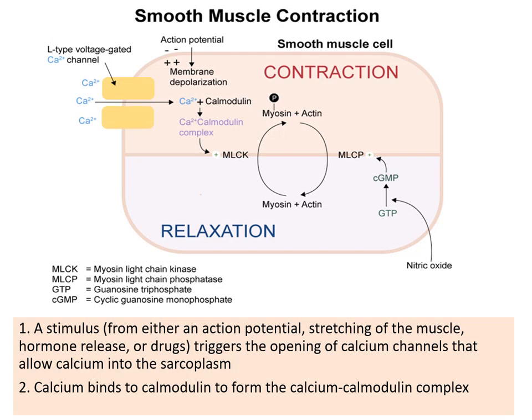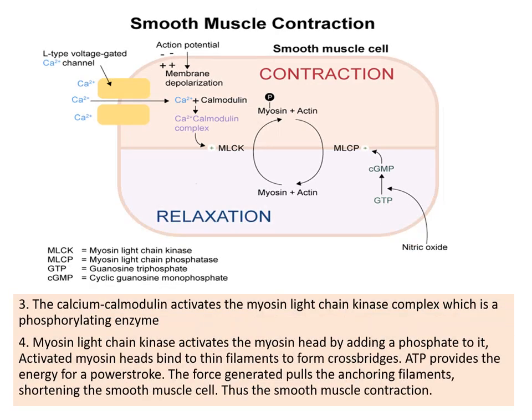So contraction takes place with the help of calcium and calmodulin and the activation of MLCK, whereas relaxation takes place with the help of MLCP. So in this way, we can say that the myosin plays a very important role. With the help of the sliding filament hypothesis, the myosin will slide over the actin and the contraction is there.